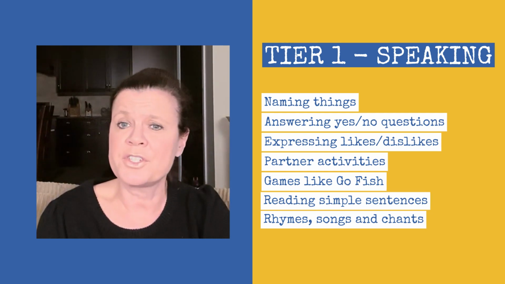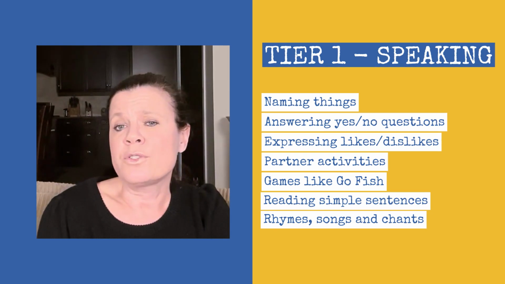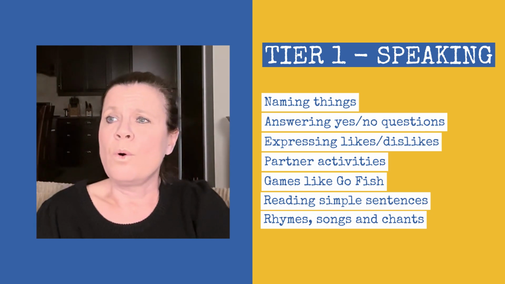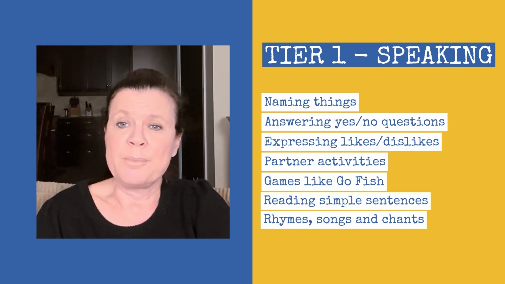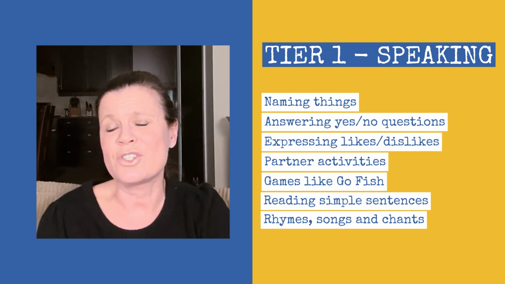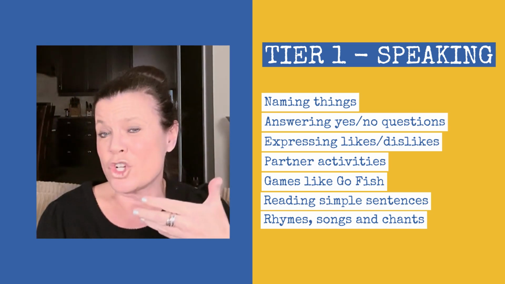Just one word to start off with, not even sentences. You can also ask them yes/no type questions, or ask them to express their opinions. So give them "I like" and "I don't like" as sentence starters, and then they can finish off the rest.